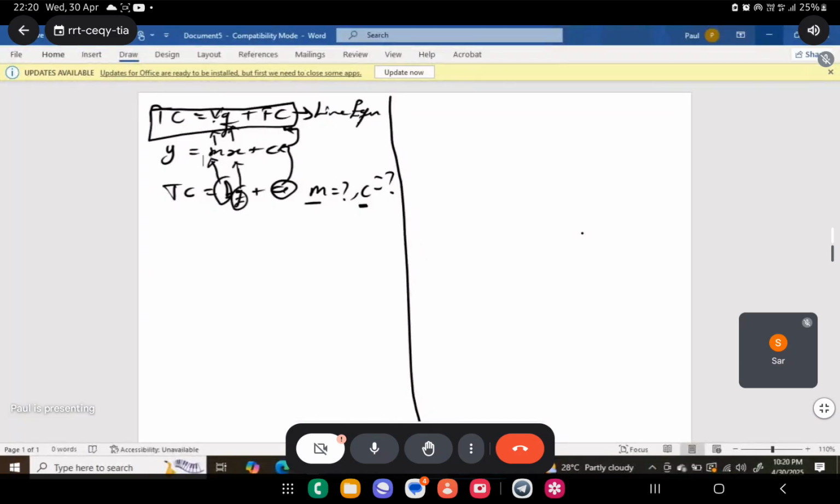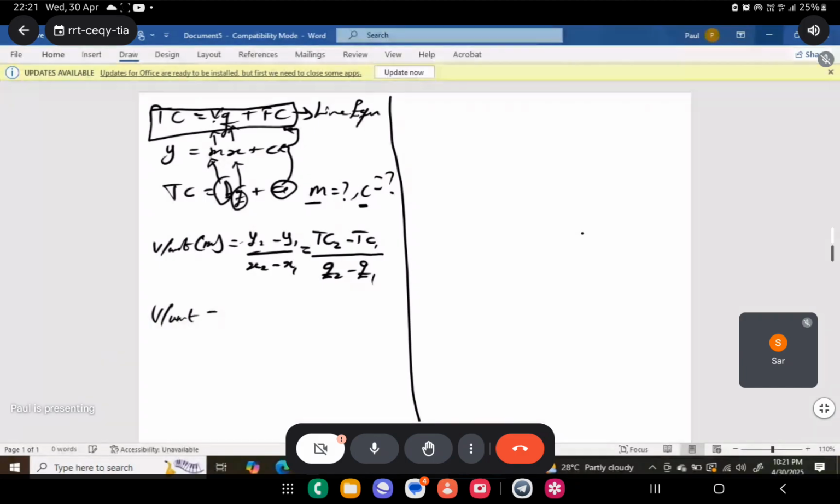The variable cost per unit, or the M, is equal to Y2 minus Y1 over X2 minus X1. Or if you are using total cost, total cost 2 minus total cost 1 divided by the second quantity minus the first quantity.